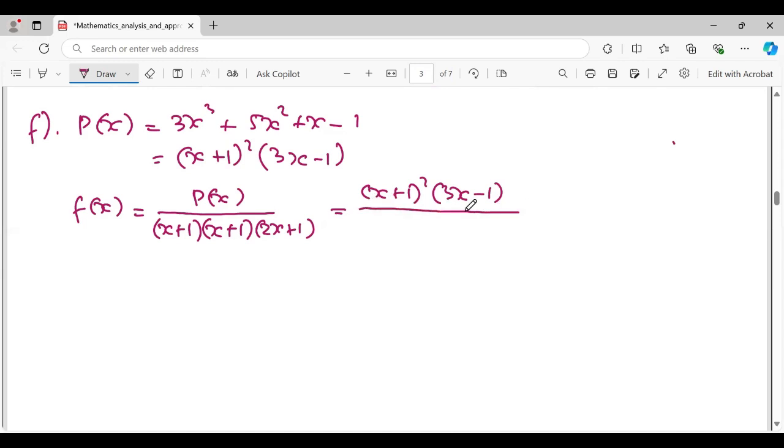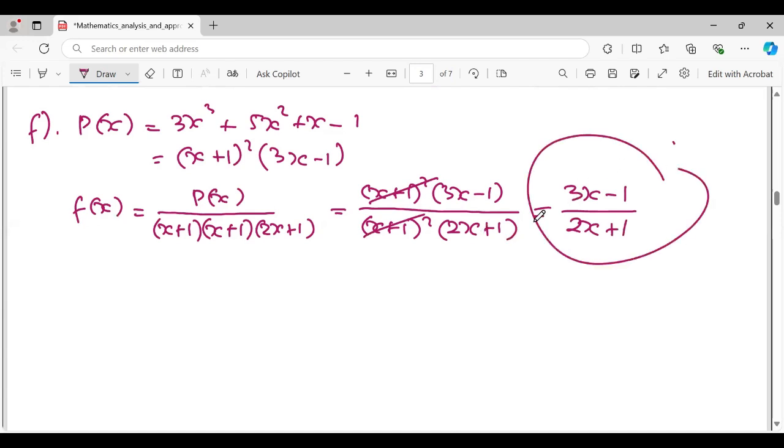Then it becomes (3x minus 1) over (2x plus 1). So f(x) equals this.